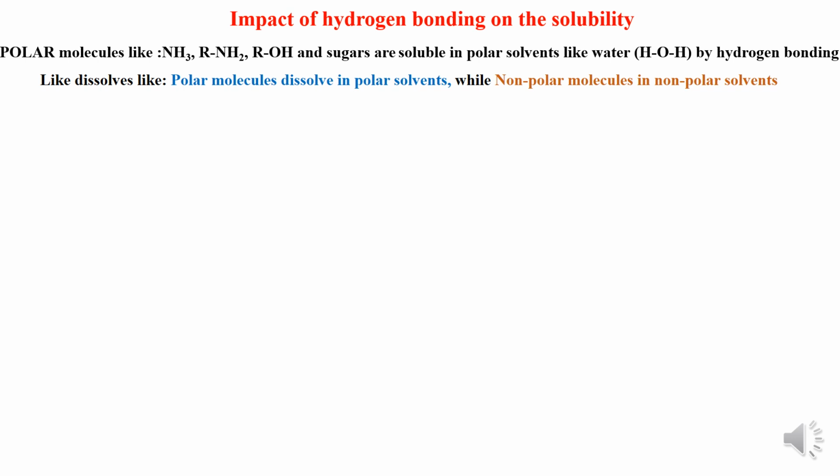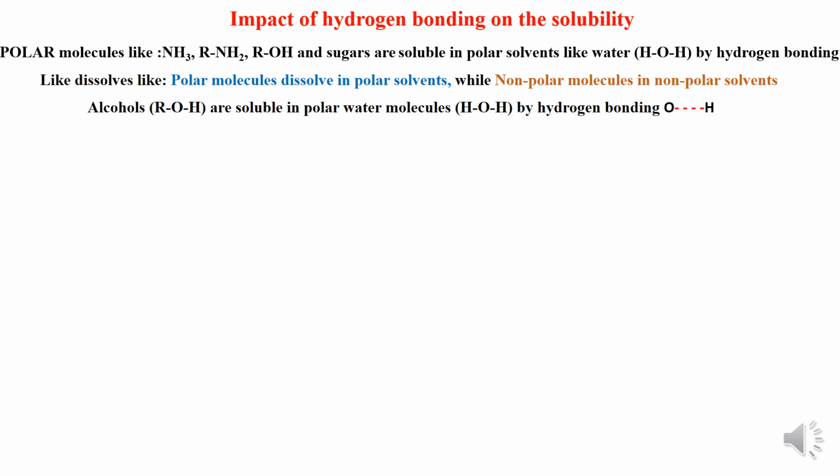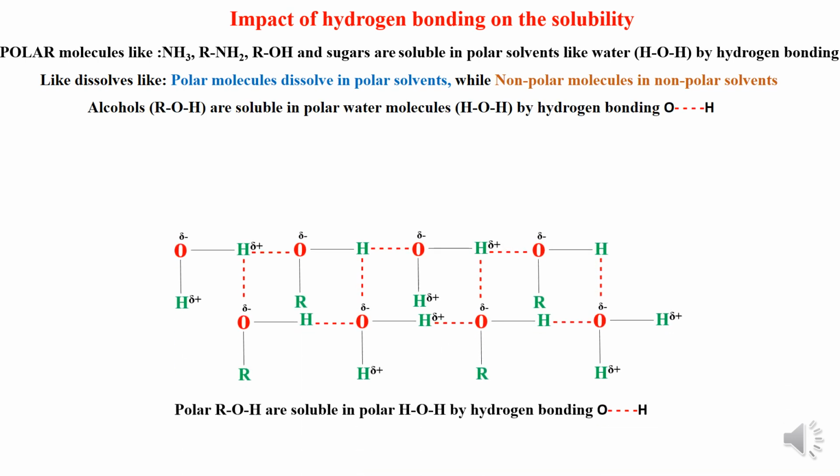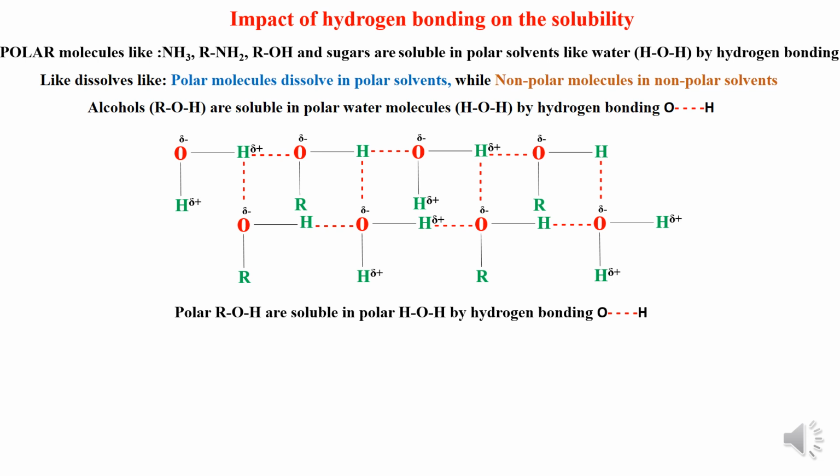Polar molecules dissolve in polar solvents while non-polar molecules dissolve in non-polar solvents. So alcohols are soluble in polar water molecules by hydrogen bonding. So alcohols tend to interact with water molecules by hydrogen bonding. And therefore polar alcohol molecules are soluble in polar water molecules by means of hydrogen bonding.